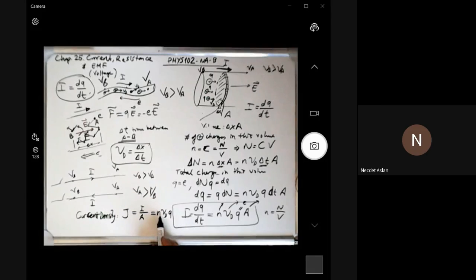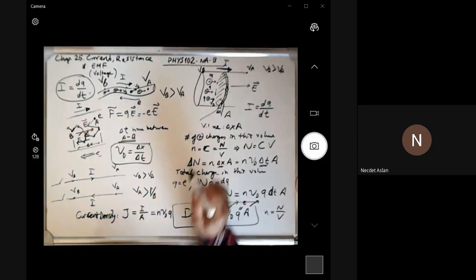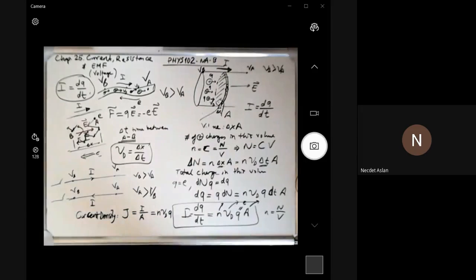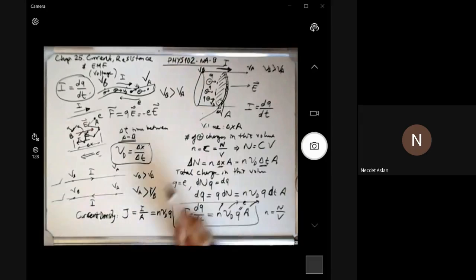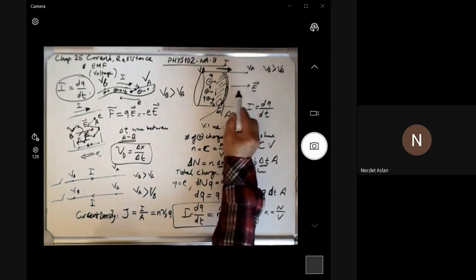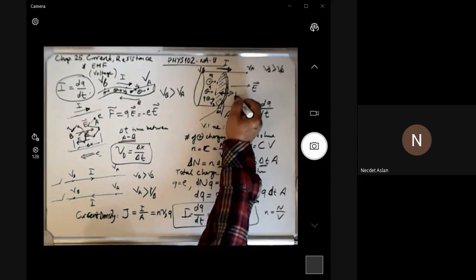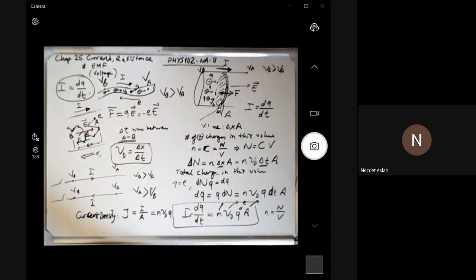And the number n, the number of particles within this volume, also depends on how much potential difference you're applying to the wire, or how much electric field is there and how much force is on the positive charges. For the positive charges, the force and the electric field direction are the same, as you will remember.